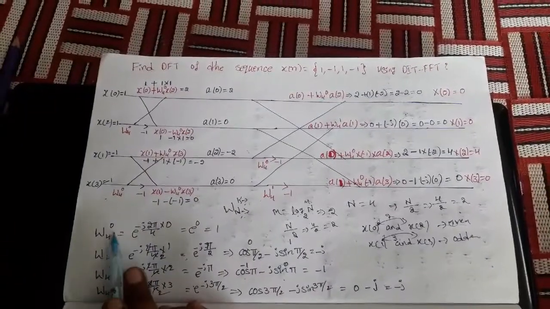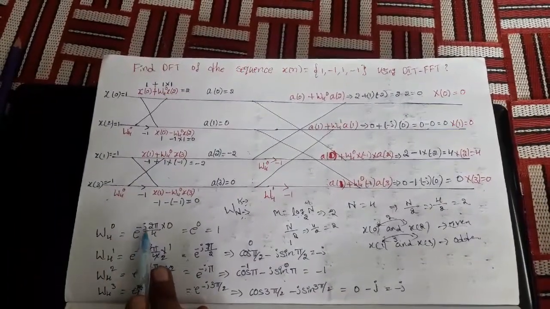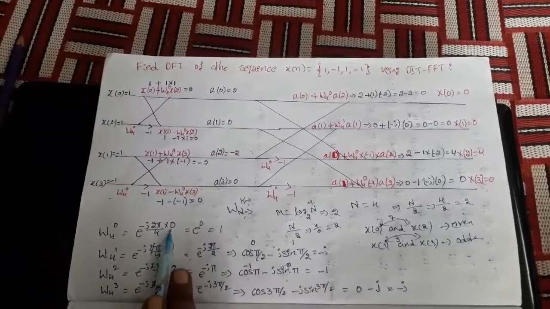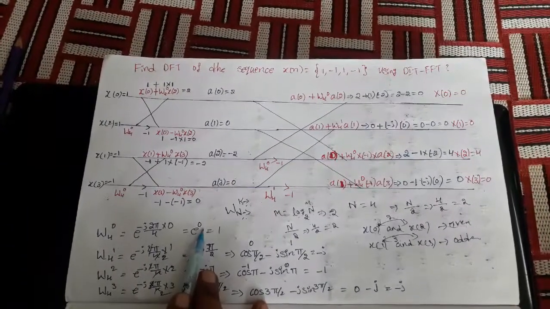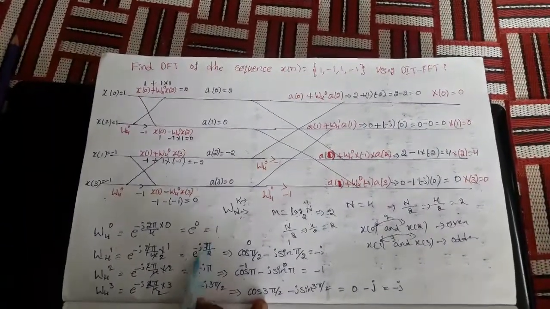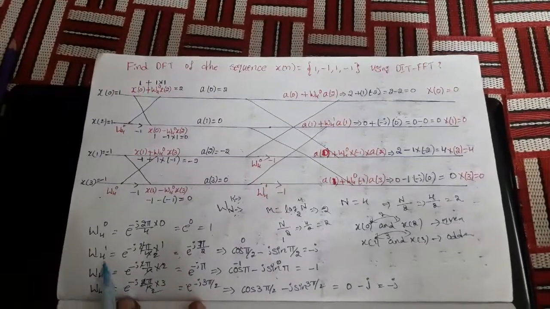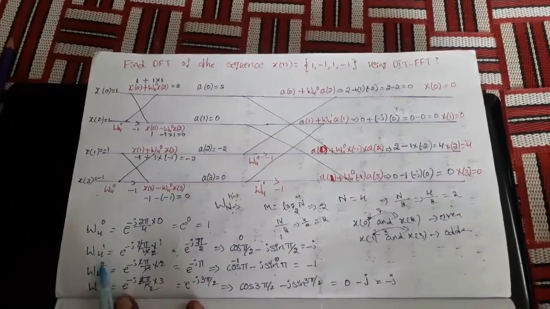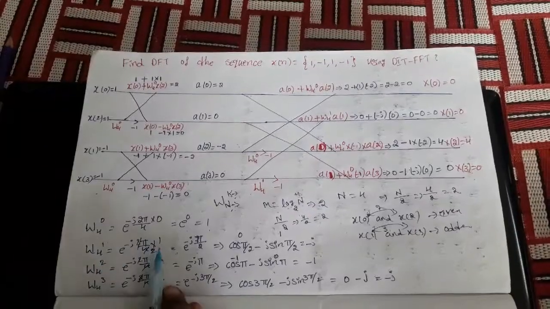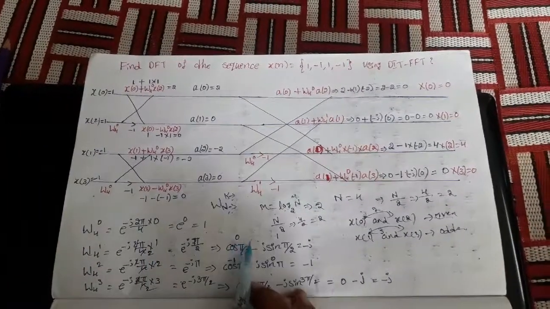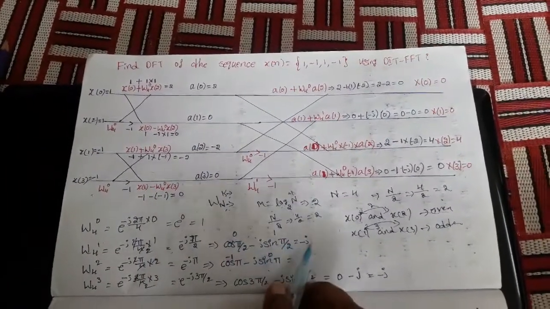So W 4 to the power of 0 means e to the power of minus j 2 pi by 4 into k value 0. So e to the power of 0 is 1. Then W 4 to the power of 1, where k is 1 and N is 4. We can simplify it; the value is minus j.